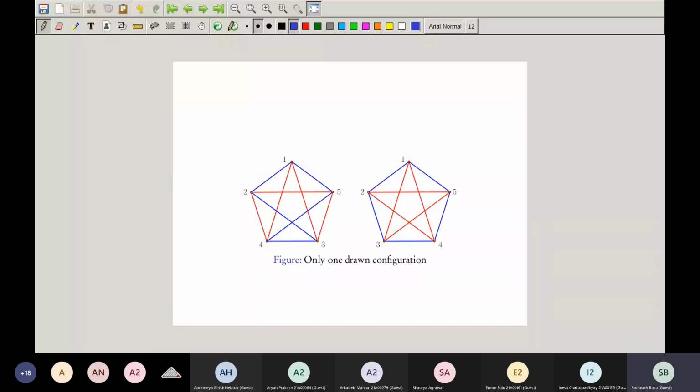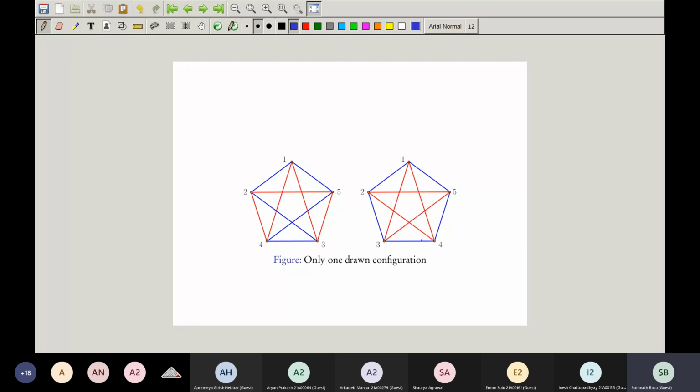Why? Because all I can do is I can take the first configuration and I can switch the 3 and the 4. Just remember, just like swapping 3 and 4. If I swap 3 and 4, you get precisely this configuration where the red thing now looks like a 5-pointed star, and because I swapped 3 and 4, the blue thing now actually becomes a regular pentagon. So essentially they are the same configuration.